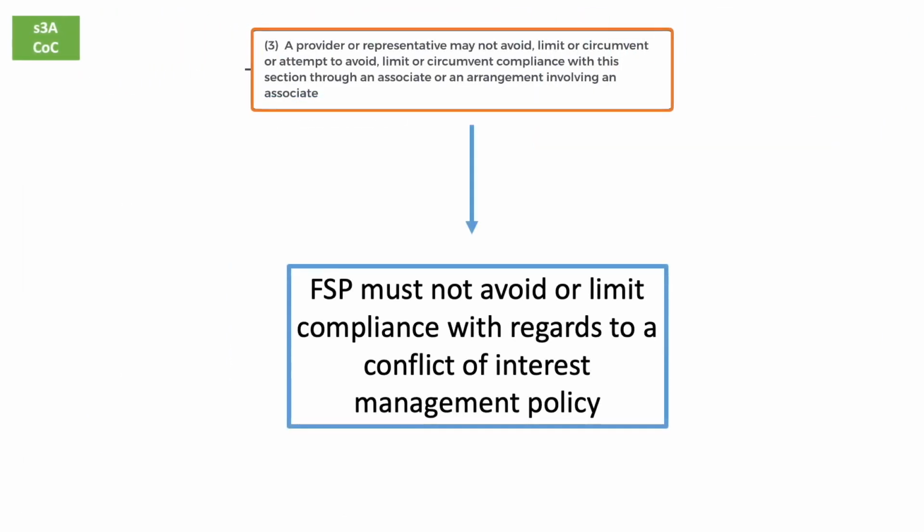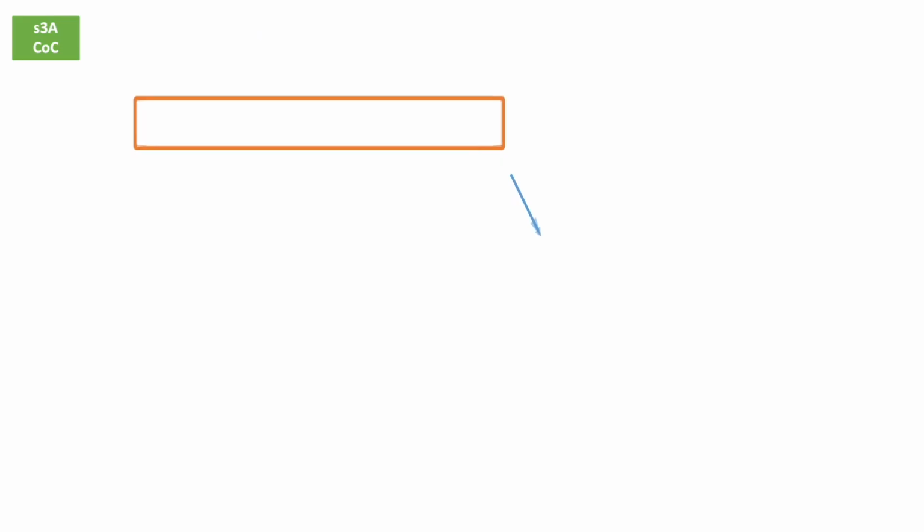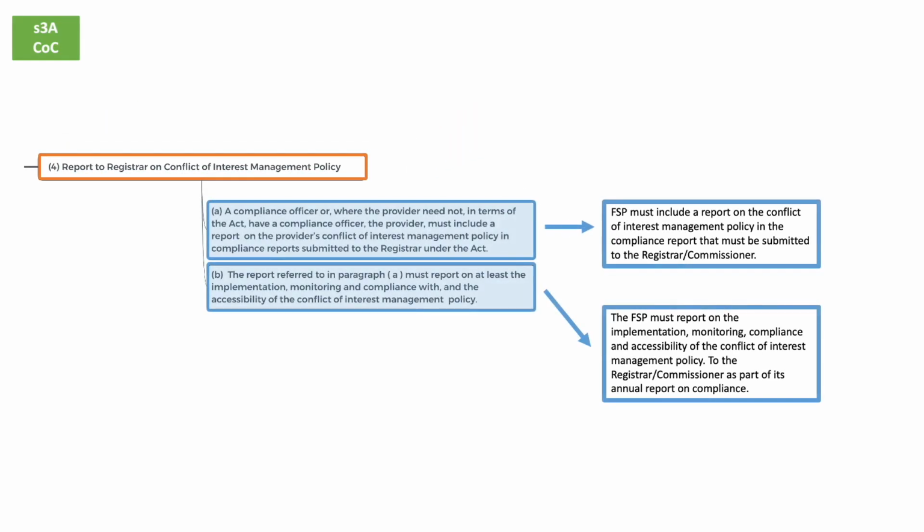It is important to note that FSPs and their representatives cannot avoid a conflict of interest by just using another person or entity to distance themselves from the conflict if they will benefit. Finally, we cover the reporting requirements to the registrar, also known as the commissioner.